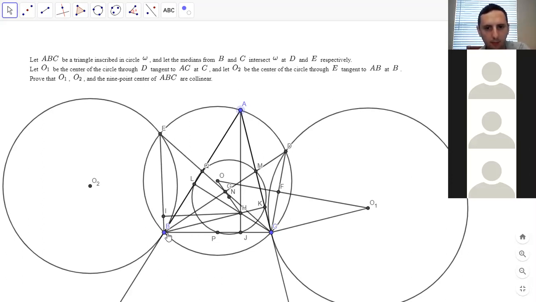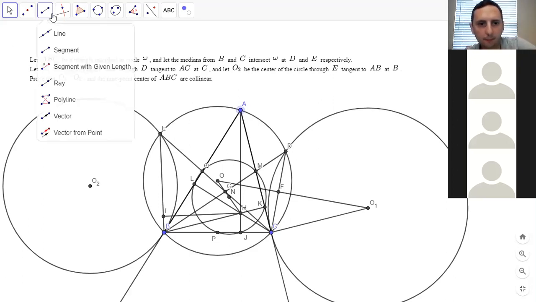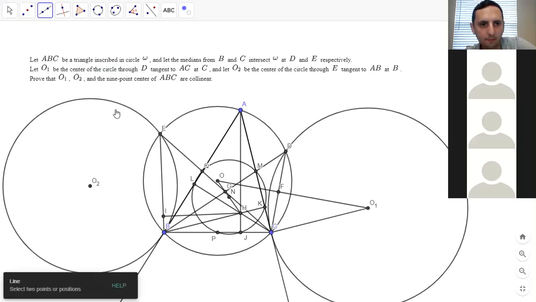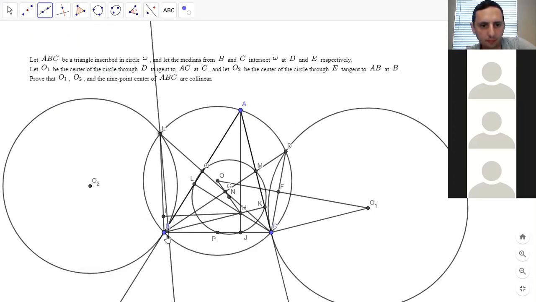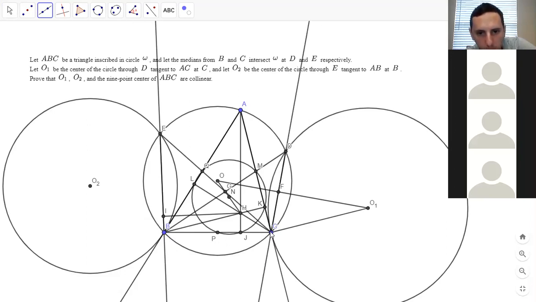We should be able to reflect both across something. I want to let BE and CD meet at a point, but it's hard to make a nice picture that way, because we want to show angle HO1C is equal to the angle that these make.